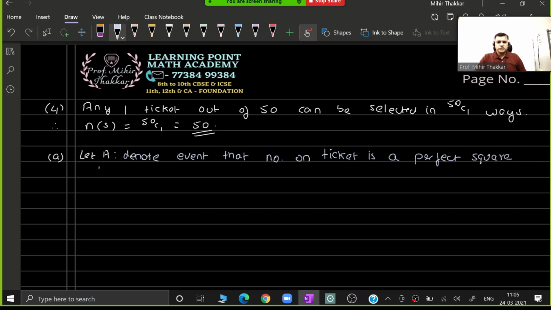So the possible outcomes in the event A will start with 1. 1 square is 1, 2 square is 4, 3 square is 9, 4 square is 16, 25, 36 and 49. So we have to stop at 49 because we are having only 50 tickets.